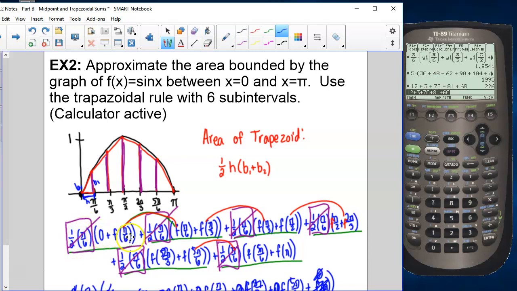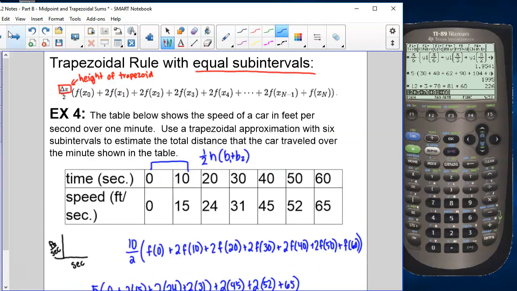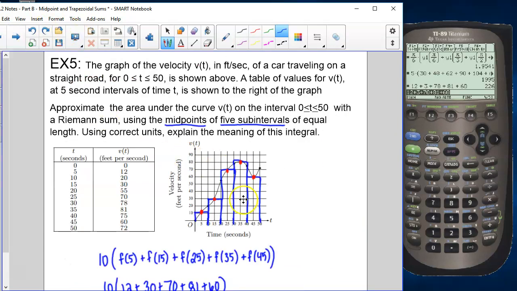In the first trapezoid you have the first base and the second base, and in the next one you have the second base and the third base, so it's repeated there. But that's for trapezoids. For the midpoint, you're just doing rectangles, and a rectangle is just base times height. The base is 10 for each one of these, and the height is just the y value at that midpoint. That's a good question, though. Yes?